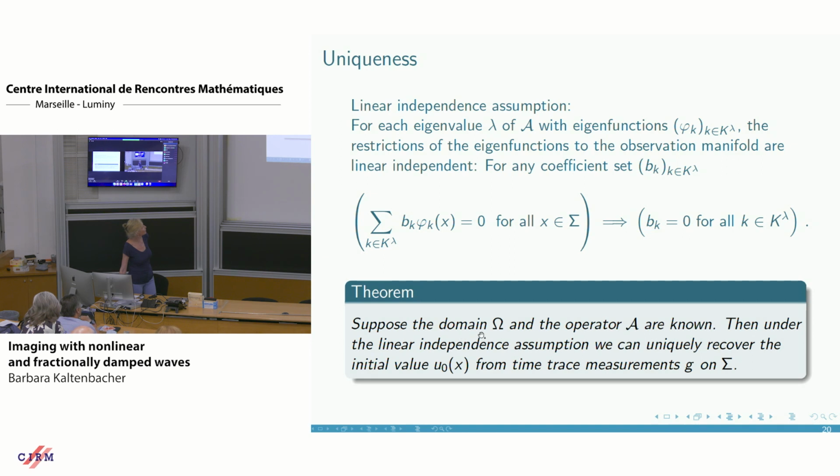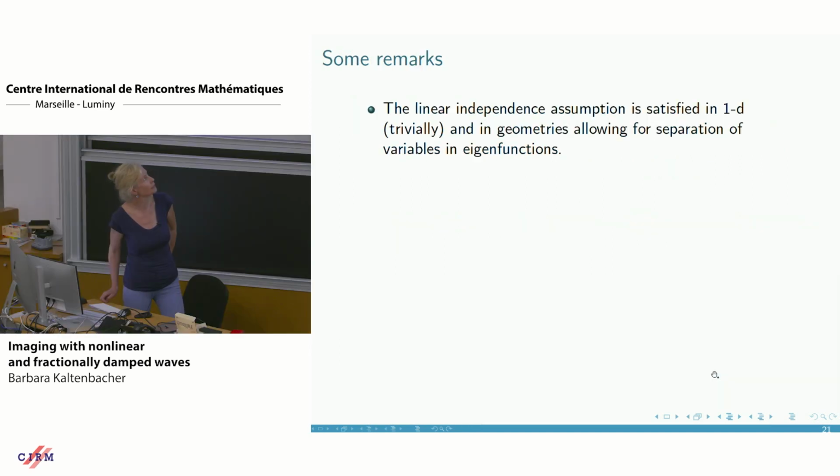So assuming that the domain and the operator are known, I will mention also some potentially unknown pieces in the operator later on. But let's assume for the moment this is known. Then the linear independence assumption yields uniqueness of reconstruction of this initial value, the initial pressure, from the time trace measurements on this surface.